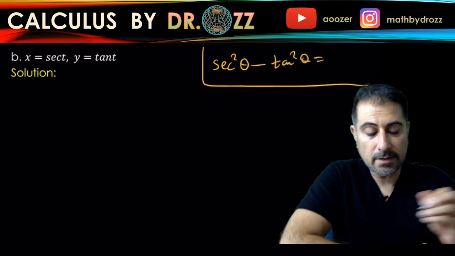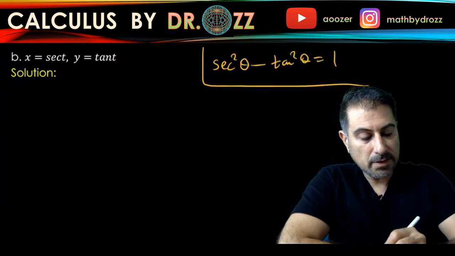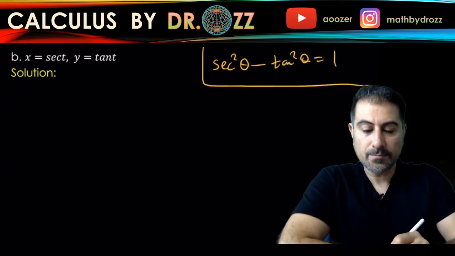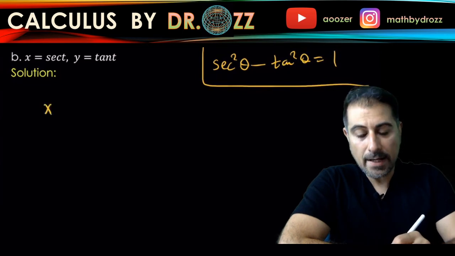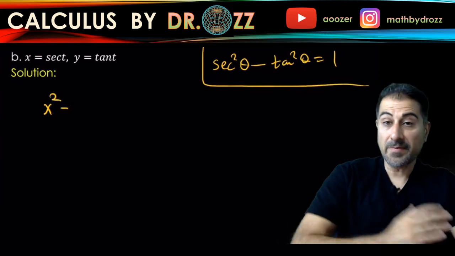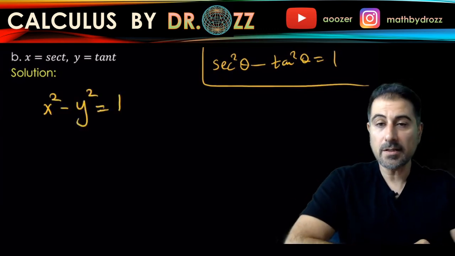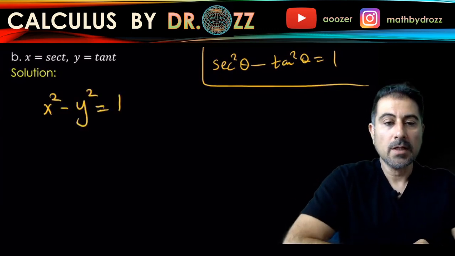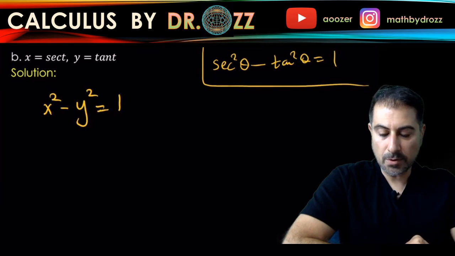So I'm going to use this identity. That tells me that x squared minus y squared equals 1. So in one shot, if you know this identity, you can get down to the rectangular form of the equation of the hyperbola.